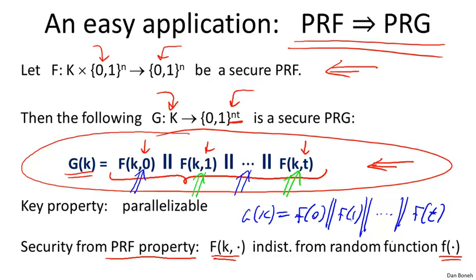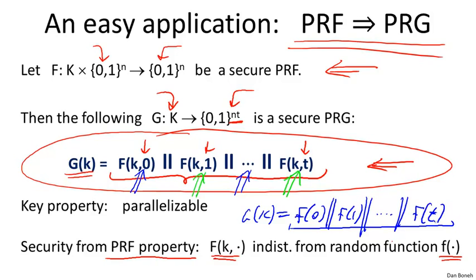But with a truly random function, f of 0 is a random value, f of 1 is an independent random value, f of 2 is an independent random value, and so on. So the entire output is truly random, and therefore this generator is perfectly secure.